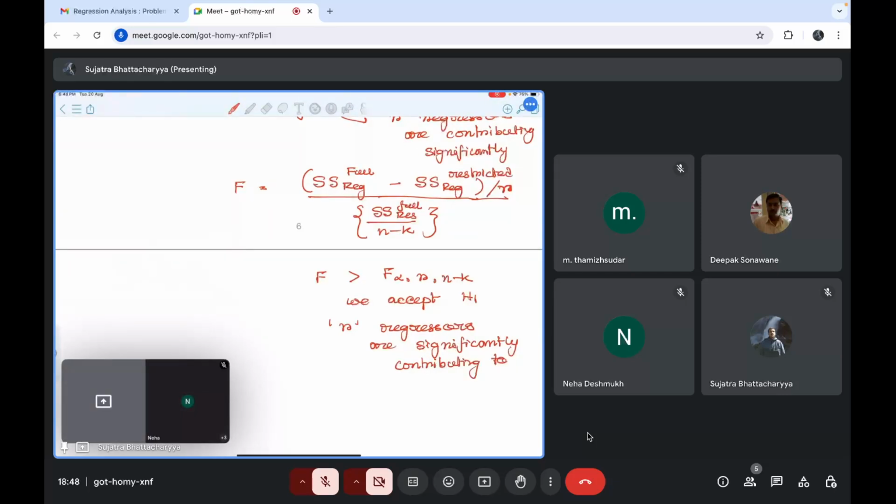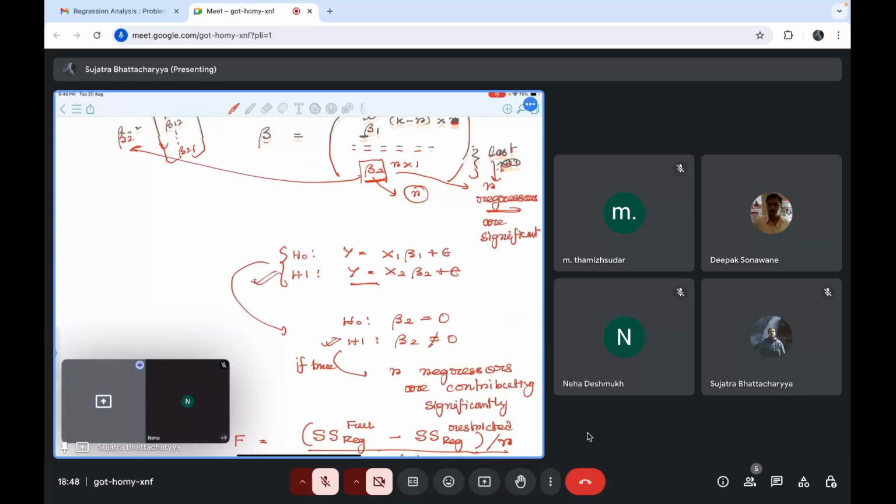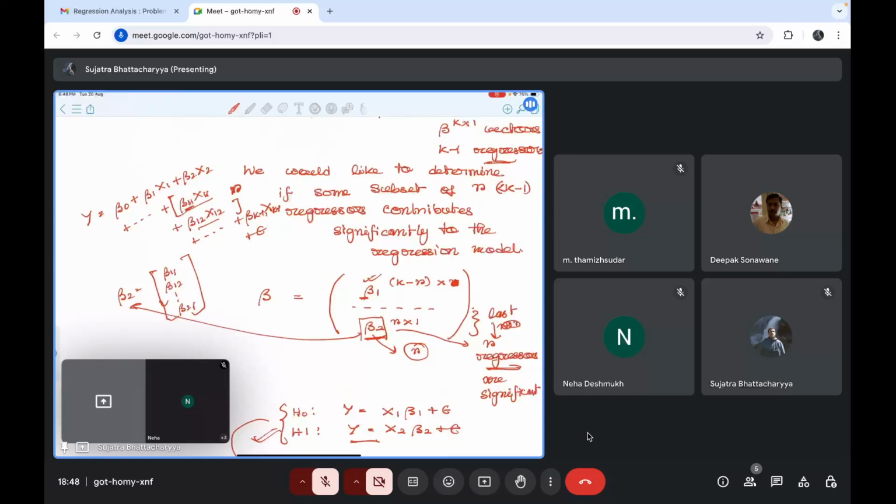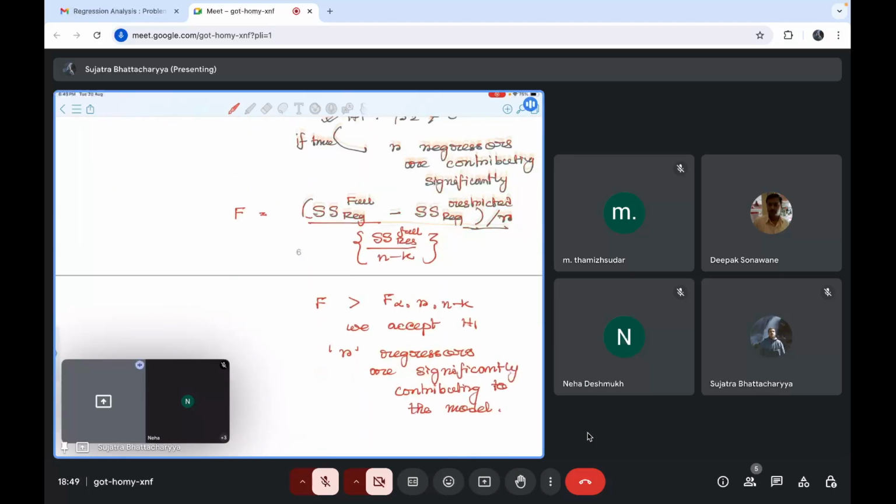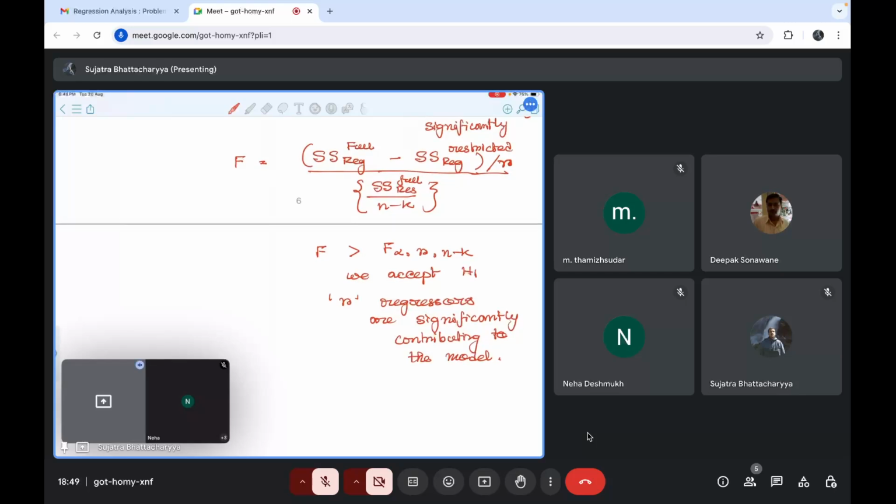So this is what we try to see. Here I have given one example, where what has been taken is that the last r regressors are significant. This is how we can tell. One example I have also given here, you can understand from it. So this is how the extra sum of squares method works.